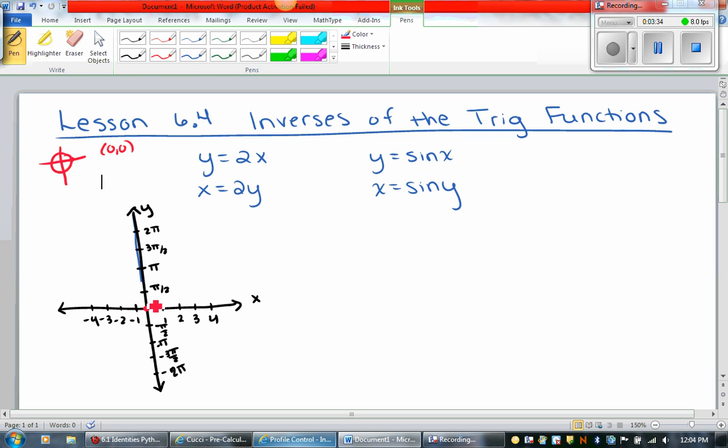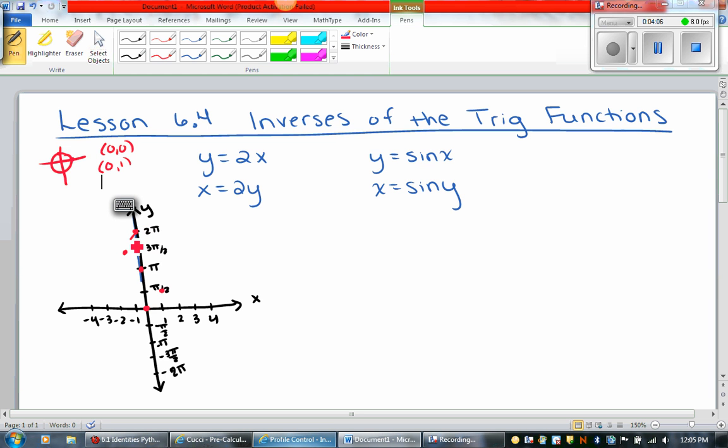Then at 90, or pi over 2, sine becomes 1, so what you're going to see is at pi over 2, we're going to be at 1. And then at pi, we go back to 0. At 3 pi over 2, sine goes to negative 1. And at 2 pi, we go back to 0.